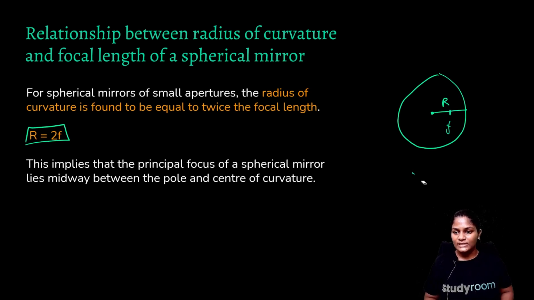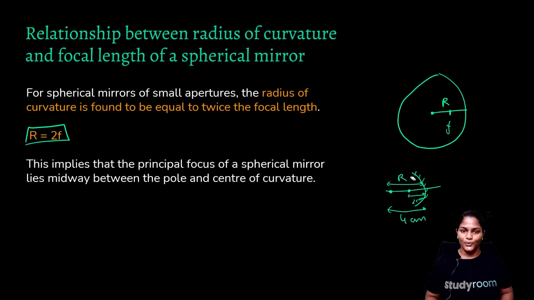So if this is the focal length of a concave mirror, say 2 centimeters, then double of the focal length, at 4 centimeters, is the radius of curvature. This whole is the radius of curvature. That is what you have to remember.